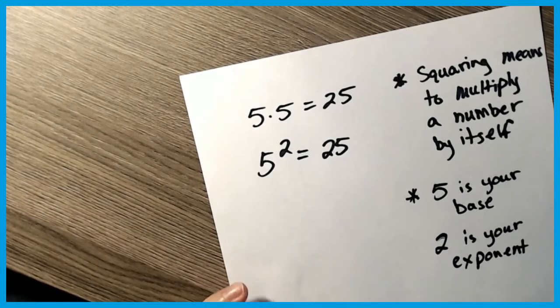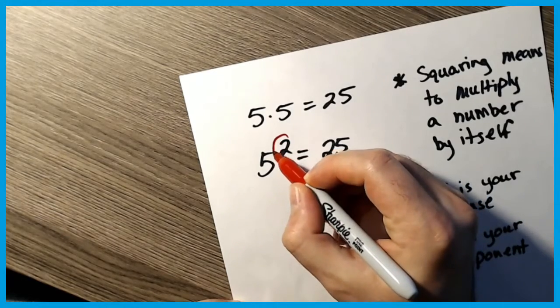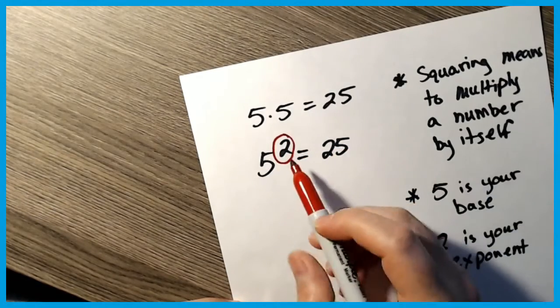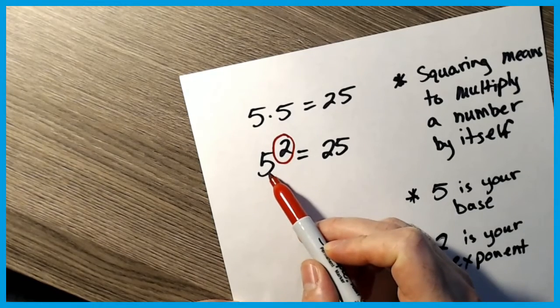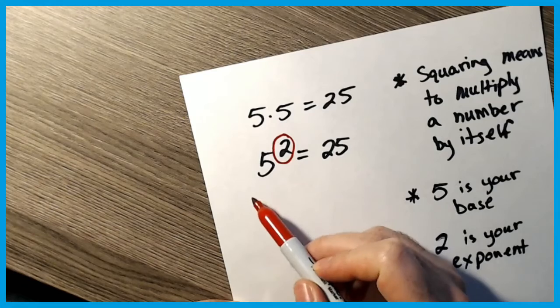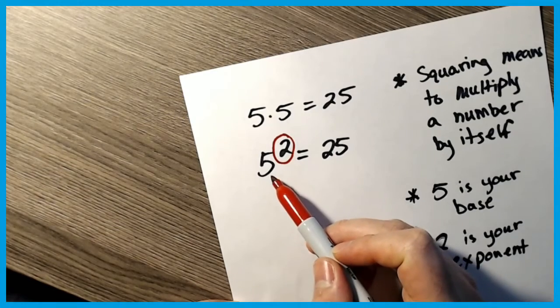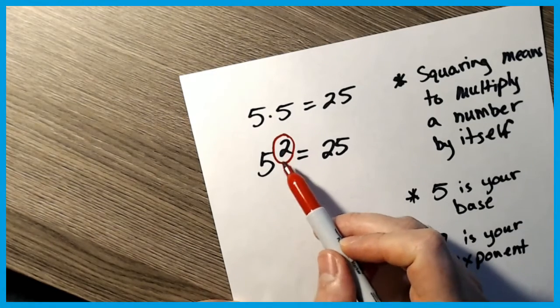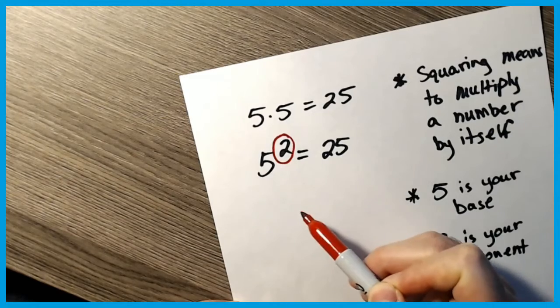So literally that means that if you see an exponent of 2, like we have here, that is saying I am multiplying 5 together twice. In other words, I'm going to multiply and I should have 2 5s. If that was to the third power, it'd be 5 times 5 times 5.